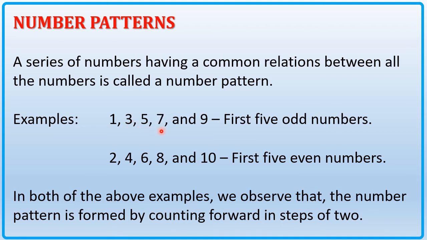We obtain 7 by adding 2 to 5. And we obtain 9 by adding 2 to 7. So all these numbers have a common relation between them. Similarly, here also the next number is obtained by adding 2 to the previous number. Or we can say, as it is said here, these numbers are formed by counting forward in steps of 2.